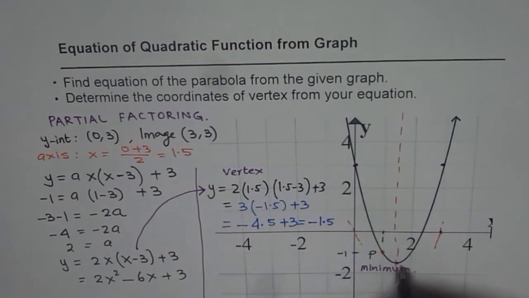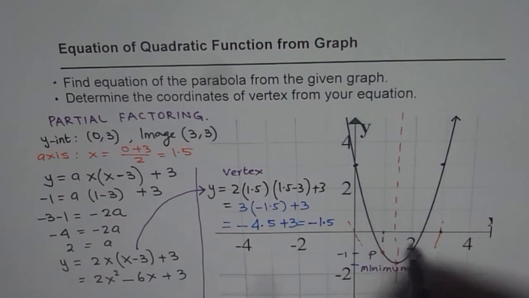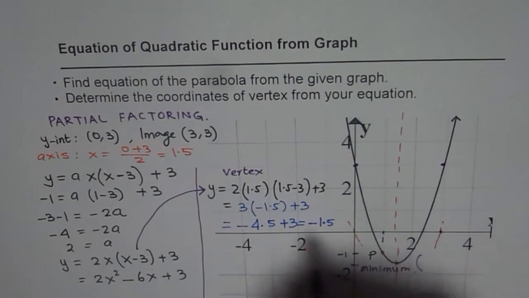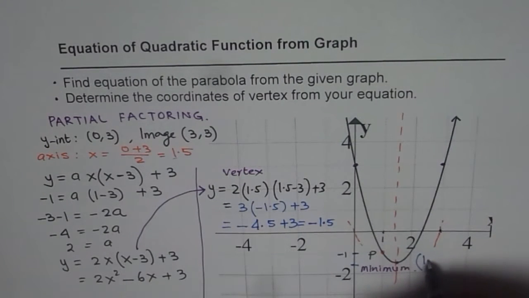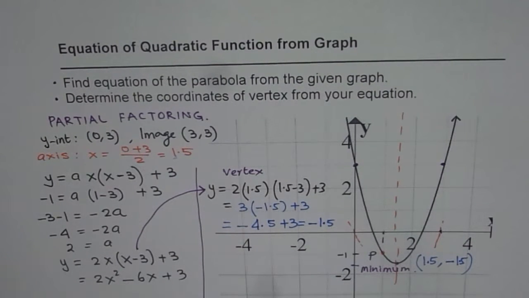So at the vertex, the x value is 1.5 and the y value is minus 1.5. So that is the minimum value of this particular parabola.